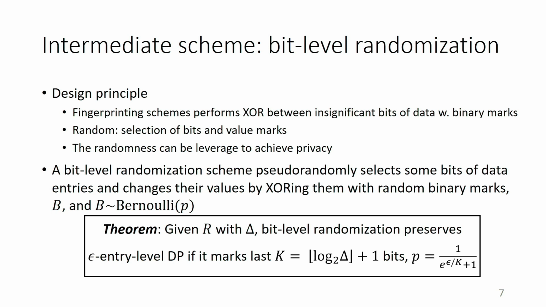Given a relational database with a fixed sensitivity, this scheme preserves our proposed epsilon entry-level DP if it only marks the last k bits, and k is determined by the sensitivity value. Those marked bits take value 1 with probability p equal to that quantity. So that probability is also related to the number of last k bits and our privacy budget epsilon.